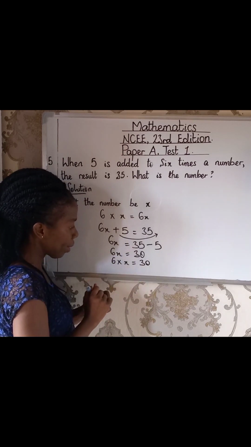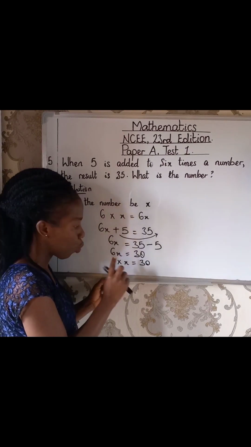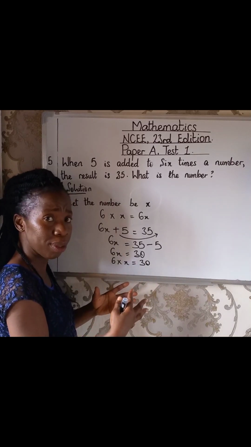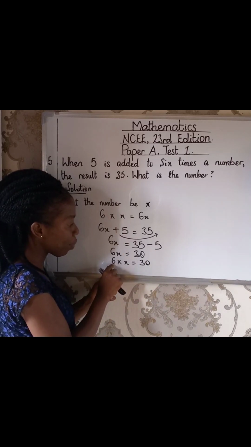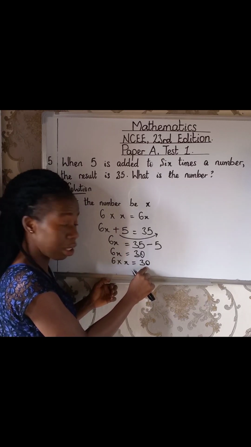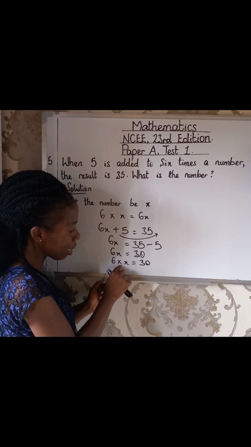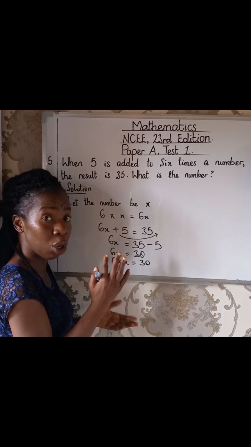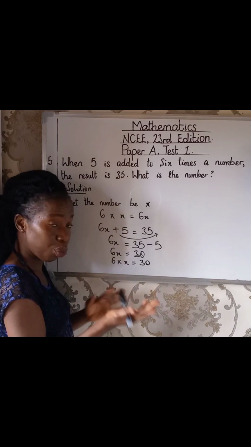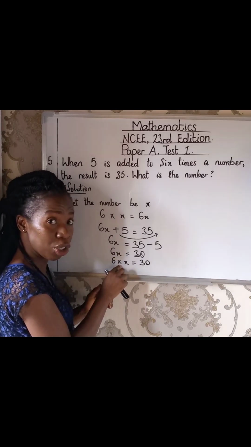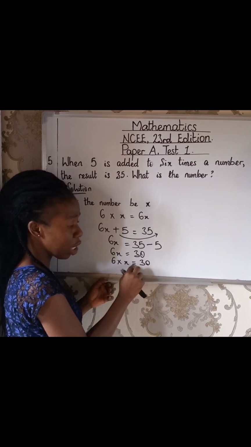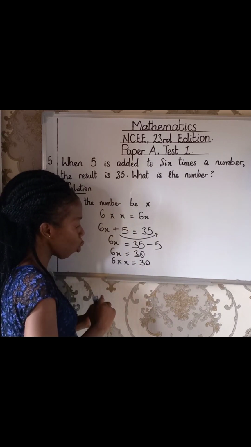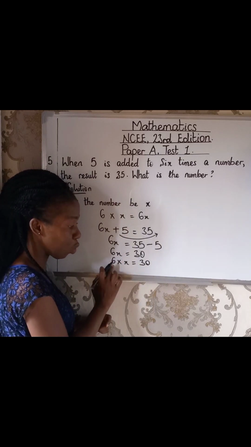Since we are looking for the value of x, we either take 6 to where 30 is, or since this is the multiplication sign, we divide both sides, because the division sign is the opposite of the multiplication sign. Whichever way, this will cross the equality sign. So we push this over here, or we divide both sides by 6, which is the coefficient of x.